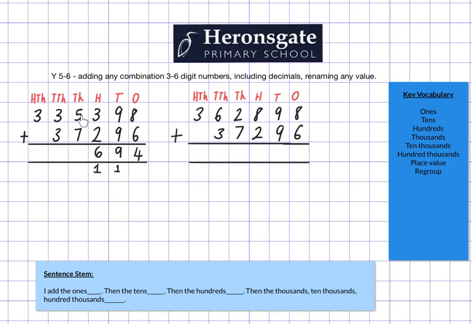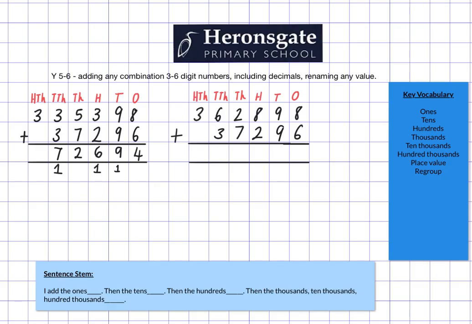Then we have 5,000s plus 7,000s. And so we need to do some regrouping because that makes 12,000. So we need to leave the 2 there for the 2,000s. And then we have made a 10,000. So we have 3 10,000s and 3 10,000s and 1 10,000, which makes 7 10,000s.